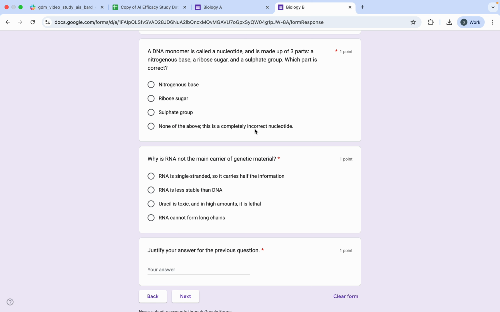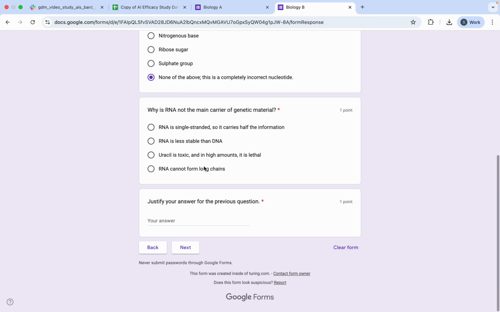This is a completely incorrect nucleotide. So I will go for none of the above.